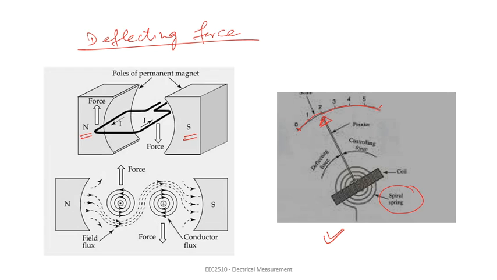So the coil and pointer will stop rotating when the controlling force becomes equal to the deflecting force. This I also explained in the last class, that at steady state position or at equilibrium, the deflecting force will be equal to the controlling force. So the pointer will stop at that position when the controlling force becomes equal to the deflecting force.